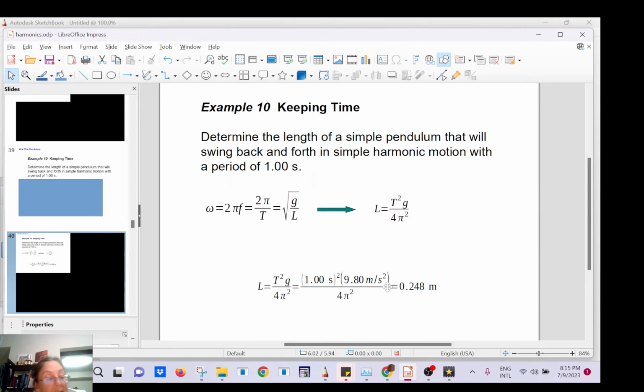So 25 centimeters, right? If you have a pendulum fixed here, and it's about 25 centimeters, the period should be 1 regardless of the amplitude. 1, 2, 3, right?